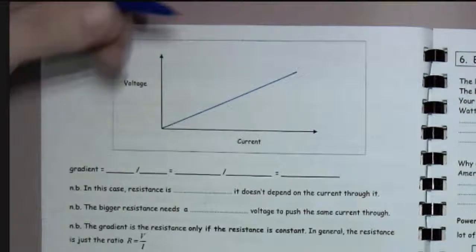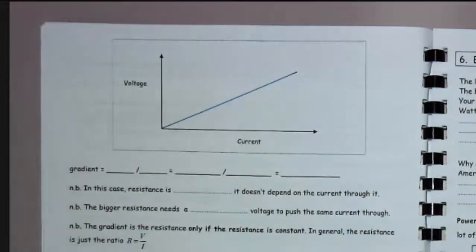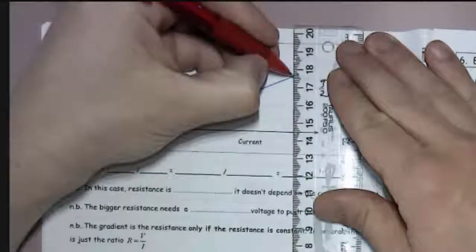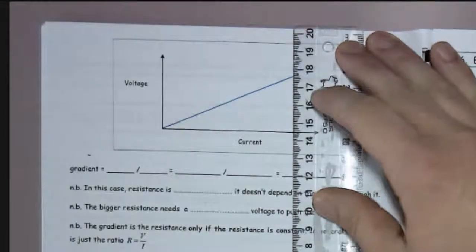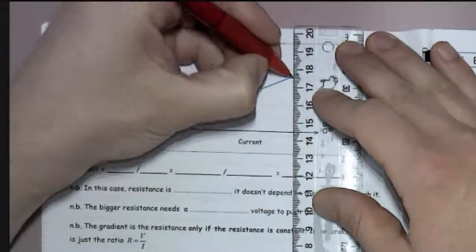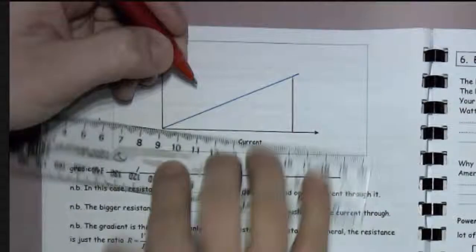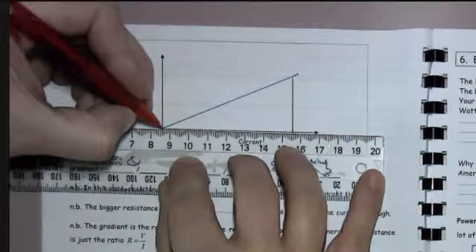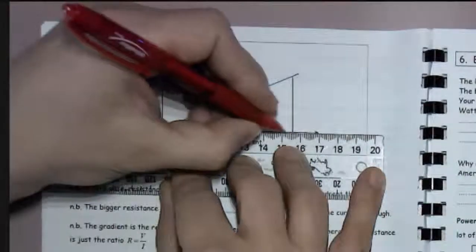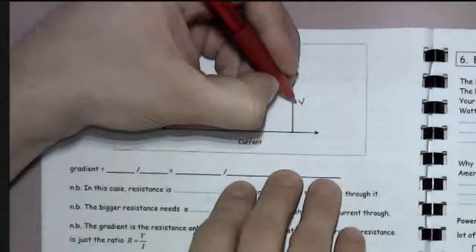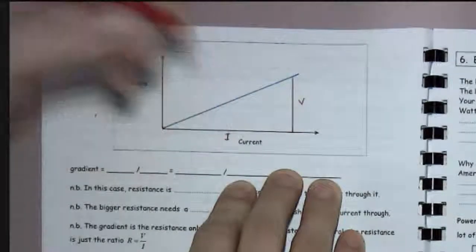And so the gradient here, which is the increase in voltage divided by the increase in current. This is V and this is I.